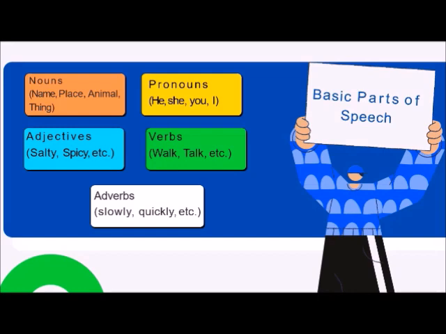There are 8 basic parts of speech in the English language. These are noun, pronoun, verb, adjective, adverb, preposition, conjunction and interjection. The parts of speech indicate how the word functions in meaning as well as grammatically within the sentence.